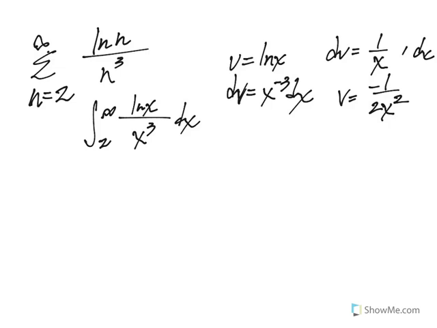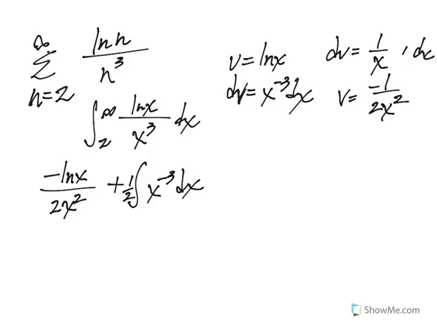All right, let's put it together. This is going to give me negative natural log of x all over 2x squared, minus a minus, that's plus the integral of 1 over x cubed, and I can pull the half out front. That's x to the negative 3 dx.